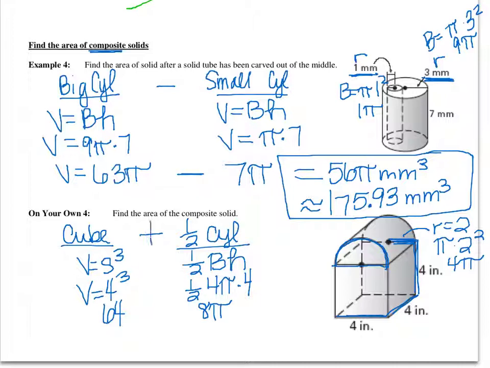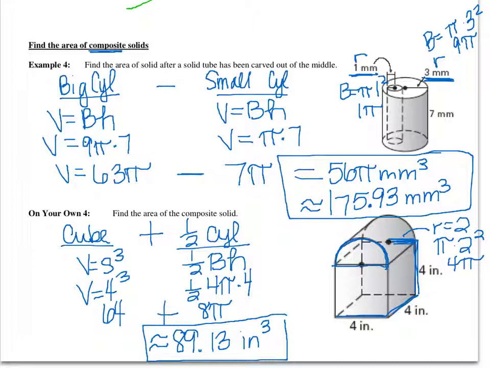Now we're going to add these two together because they're combining. So I have 64 plus 8 pi, and you could keep it like that for your exact value, or if you want to round it, it's about equal to 89.13, and that would be inches cubed. And this is the most likely answer that we would see for that problem.